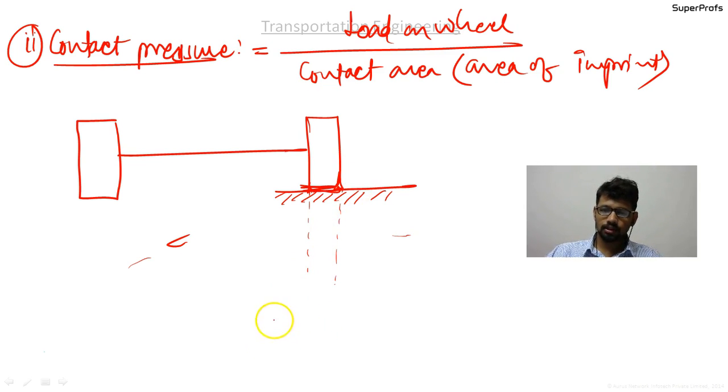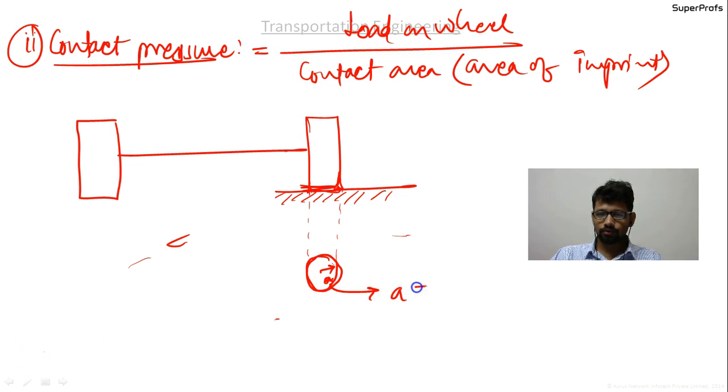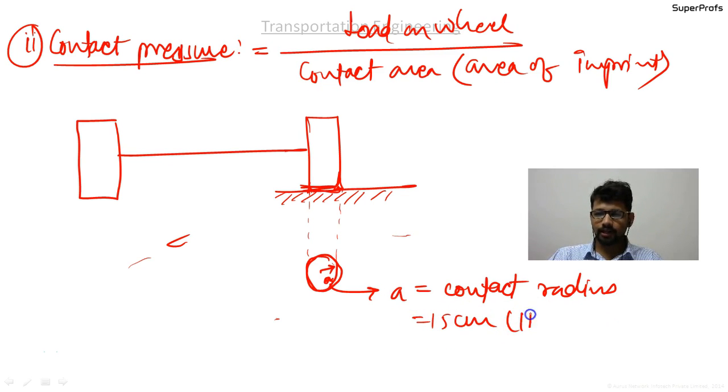So this circle is circular, having radius equal to a. Small a is the radius, which is also called the contact radius, and which is given as 15 centimeter as per IRC.